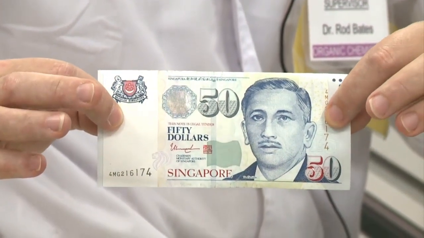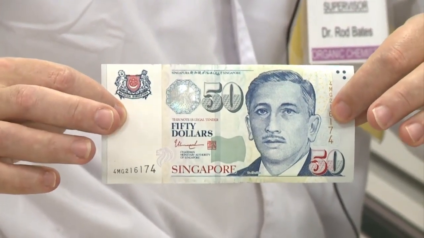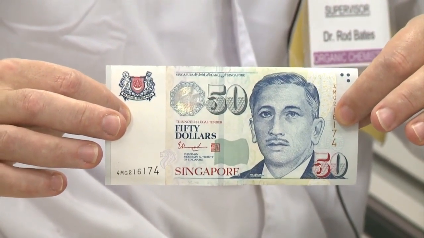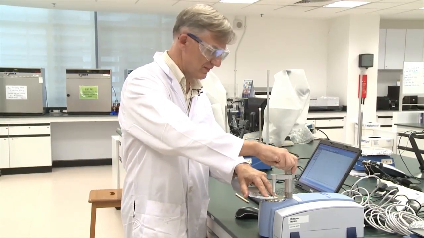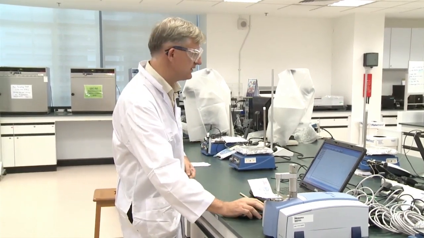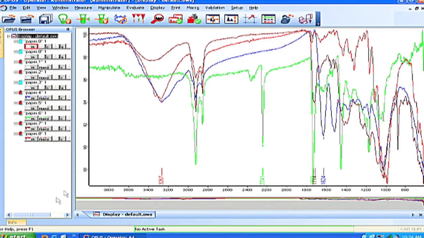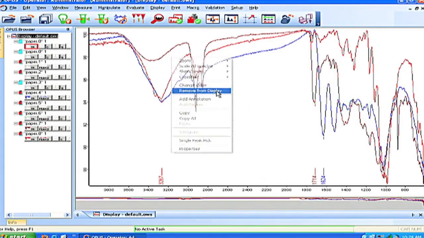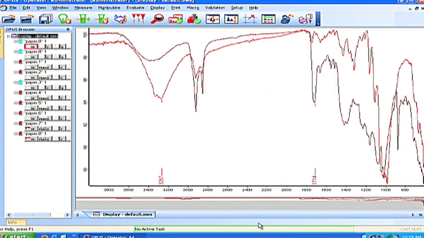So this is the Singapore $50 note. So let's use infrared spectroscopy to find out what this is made of. So if I put the $50 note in, the red trace is the spectrum of the $50 note, and you can see that there's almost no absorbance in the region about 1700 wave numbers. But there's a big absorbance in the region about 3200 to 3300 wave numbers. This is because our $50 note is still made of paper.